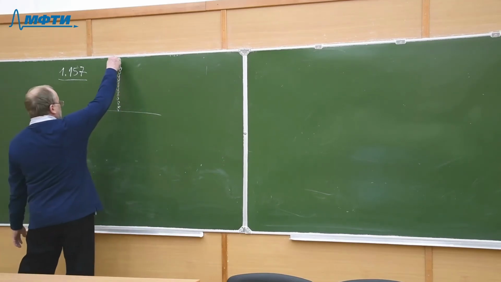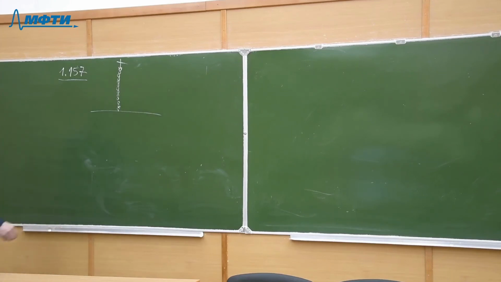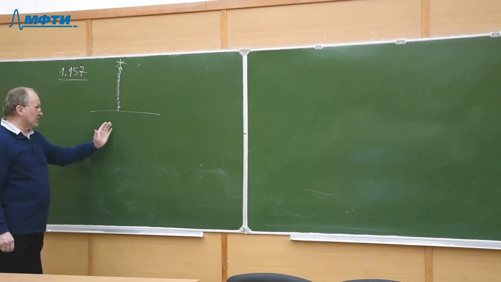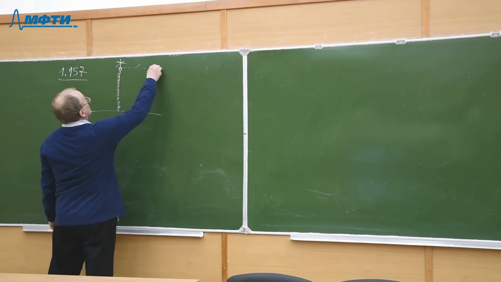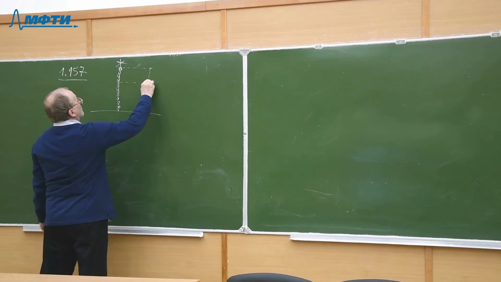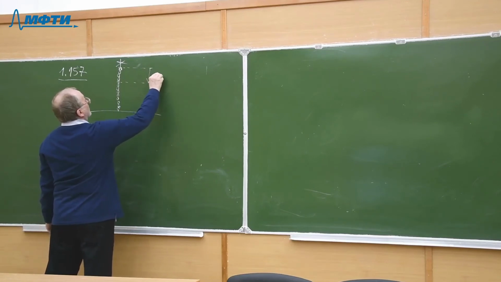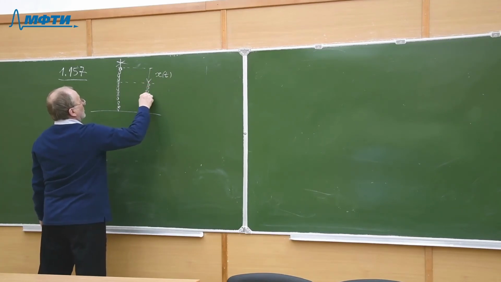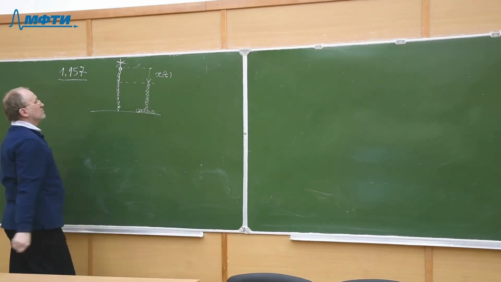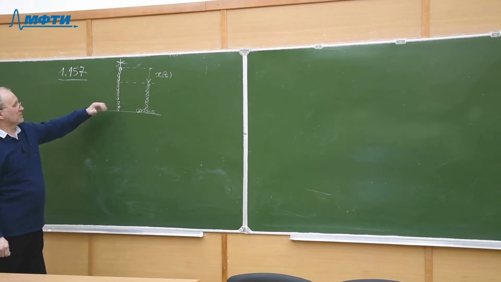So this thread is torn, it breaks or it's burned, and the chain starts falling down, so that after some time, the upper end of the chain will go down by x as a function of time, and some part of it, the lower part, will be on the table.